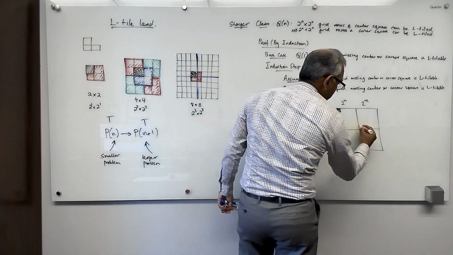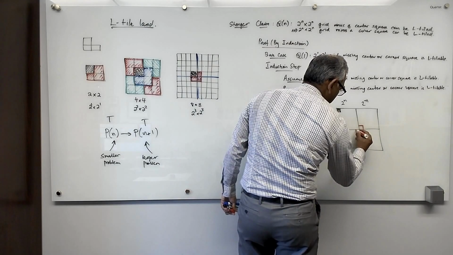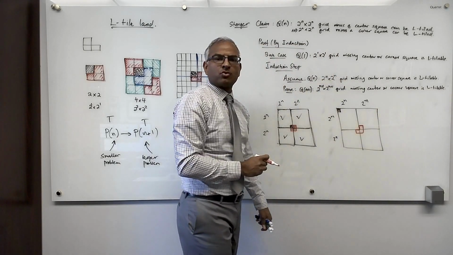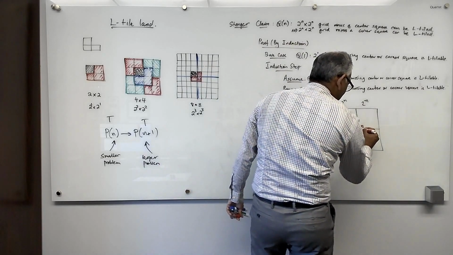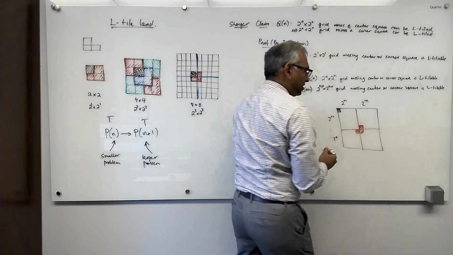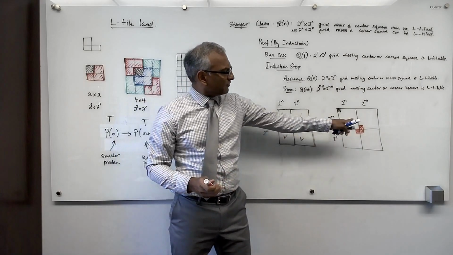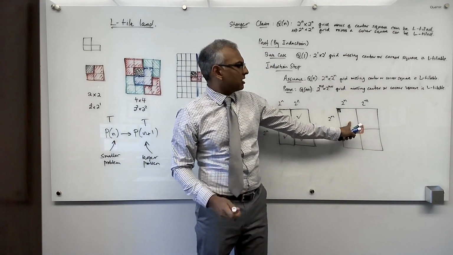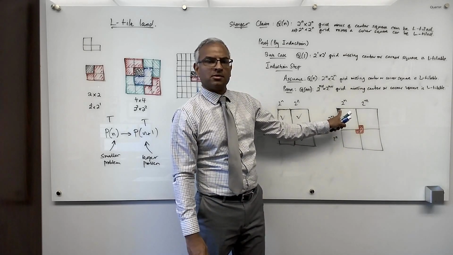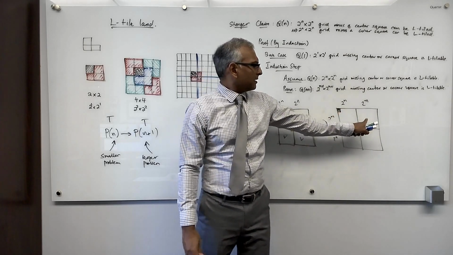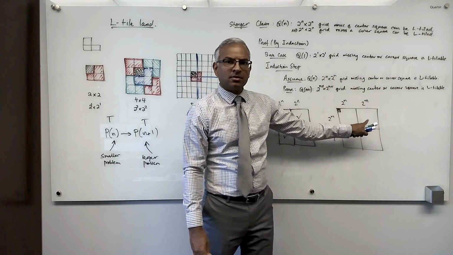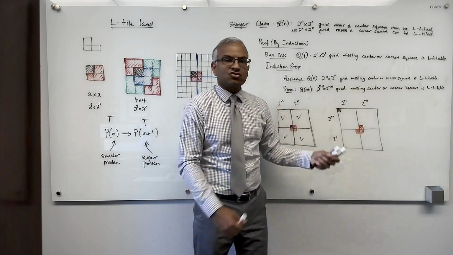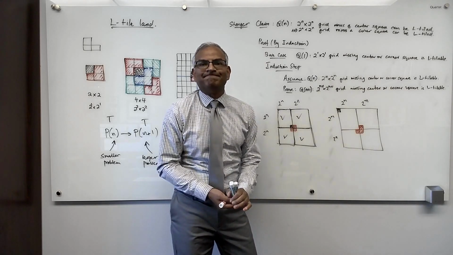Place an L-tile right here, occupying the three grids that have not got a square missing. That effectively removes one square from each grid. So now each of these grids, this grid is a 2 to the n by 2 to the n grid missing a corner square, and this grid is a 2 to the n by 2 to the n grid missing a corner square, so they're all missing a corner square.